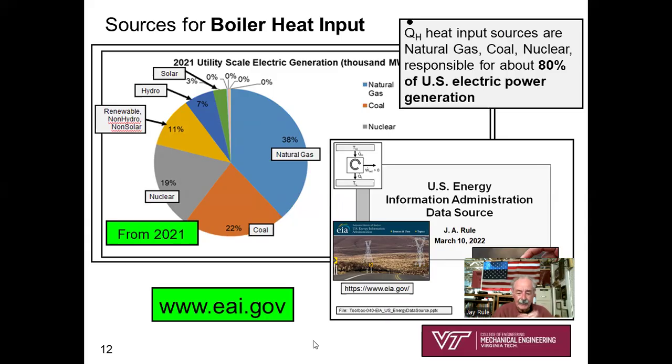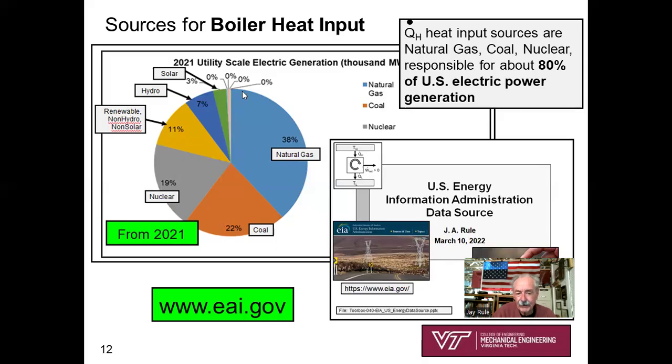And so in 2022, I got the most recent available data, which is from 2021, and asked, what are the fuel sources for steam power plants in the US? And here's the results. Look at this. 38% natural gas, 22% coal, 19% nuclear energy, 11% what it says renewable, non-hydro, non-solar. So that would be like biomass, wood chips, sawdust type idea.